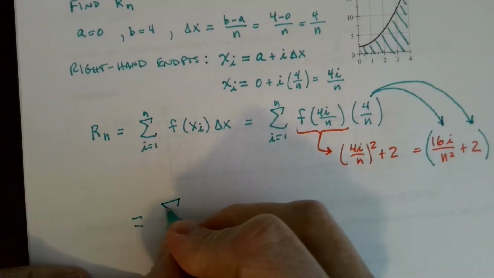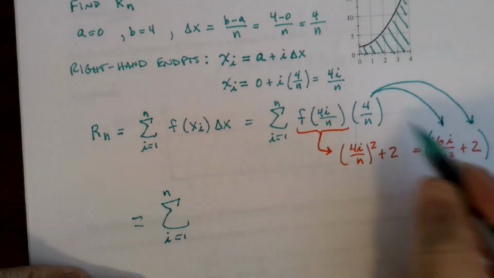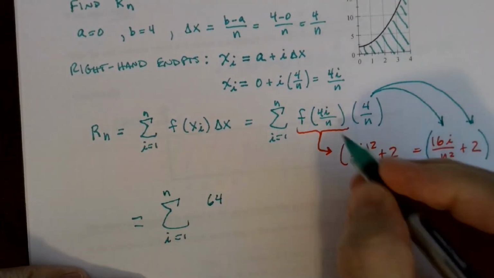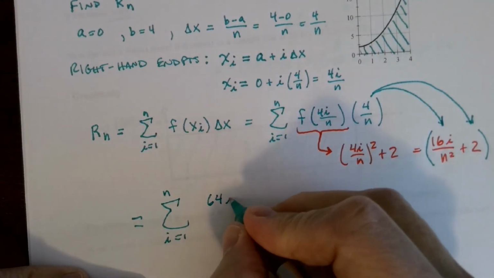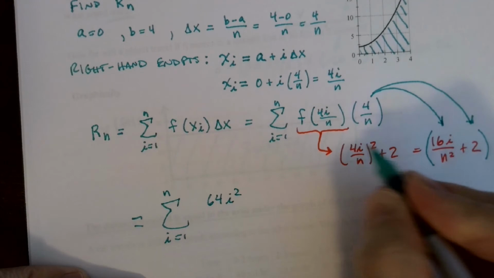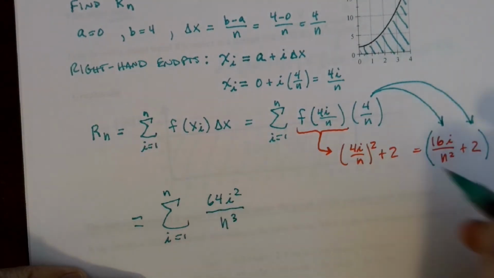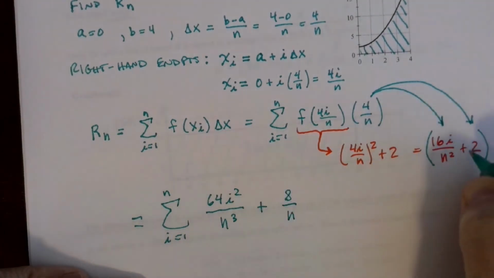So I'll have the summation i equal 1 to n. 4 times 16 is 64. i times i squared is i cubed... n times n squared is n cubed. And then 4 times 2 is 8 over n.